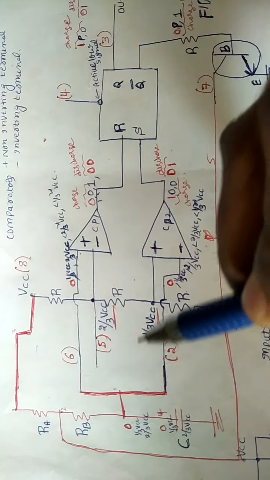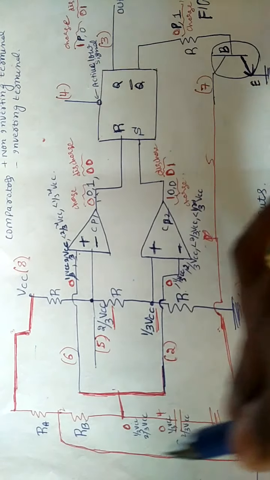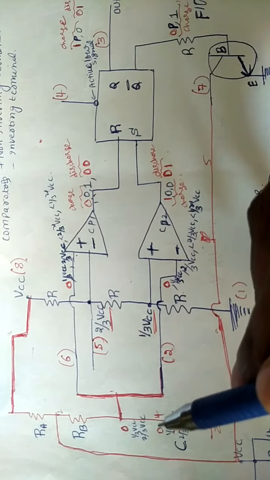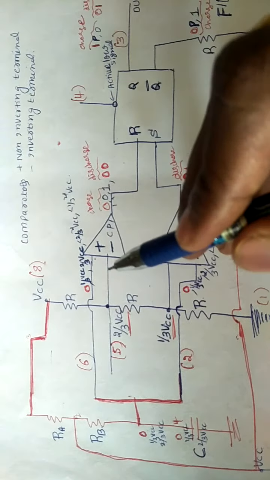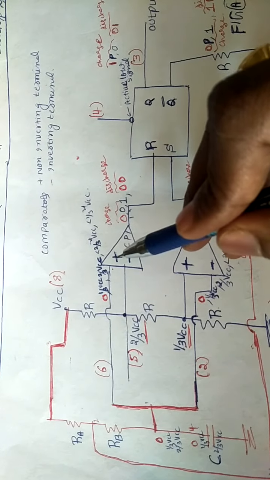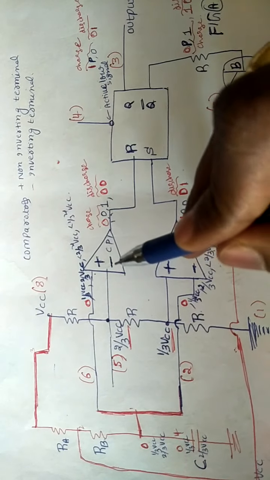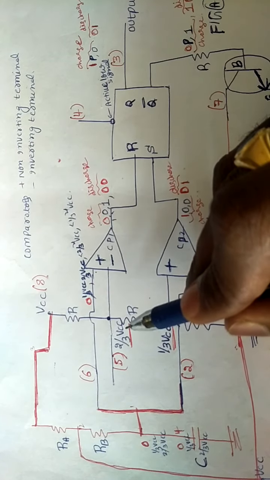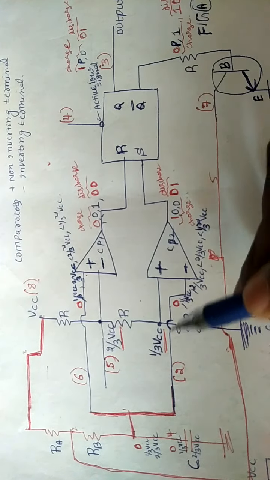So, what I told you here, initially assume that the capacitor is discharged through RB. The voltage at the capacitor is 0. The same 0 volt will be fed here. So at the non-inverting terminal you have 0. At the inverting terminal you have 2/3 VCC. Here 1/3 VCC, at the inverting terminal you have 0.